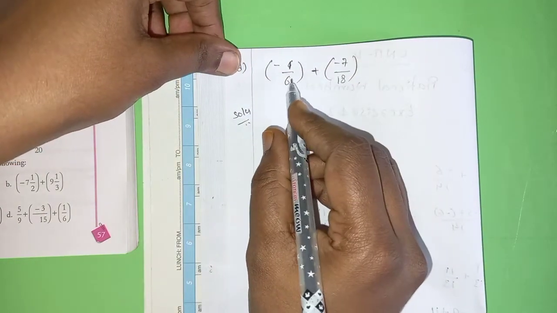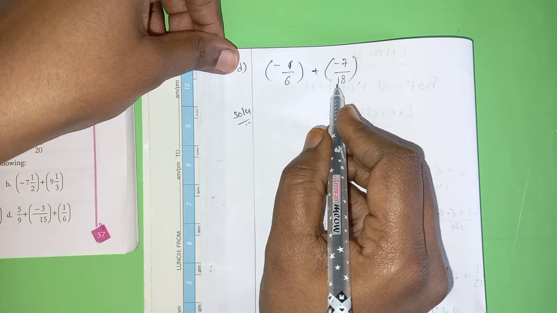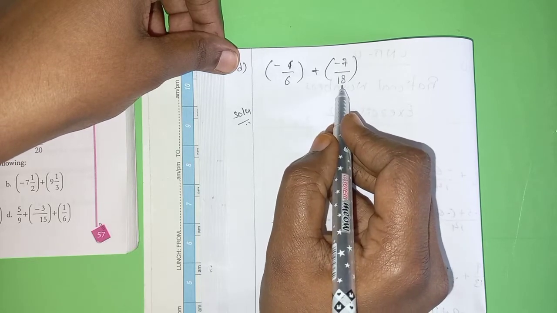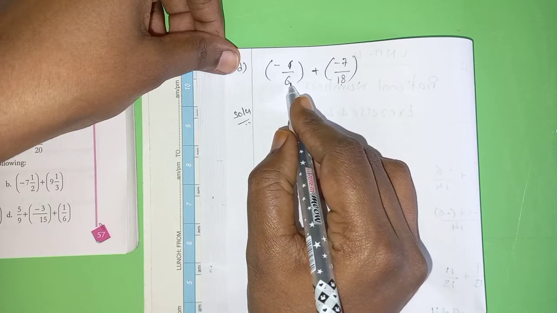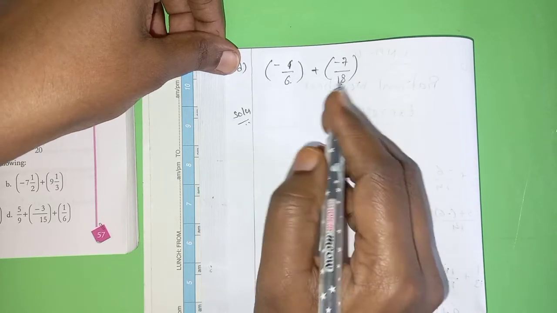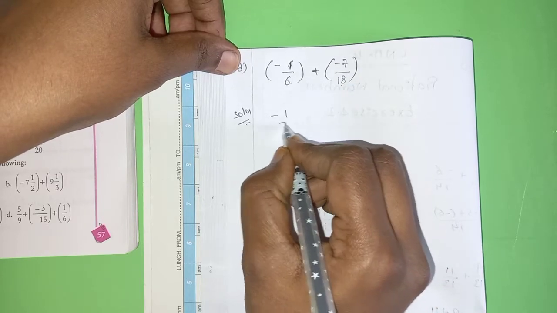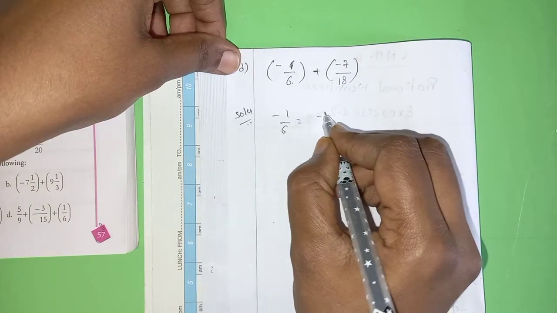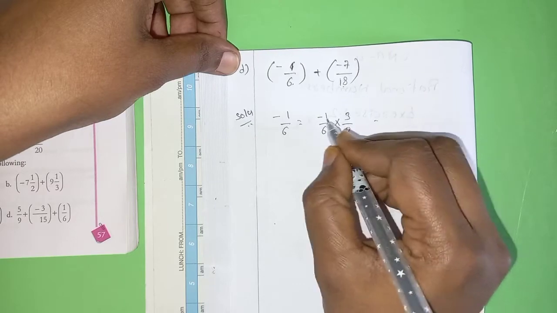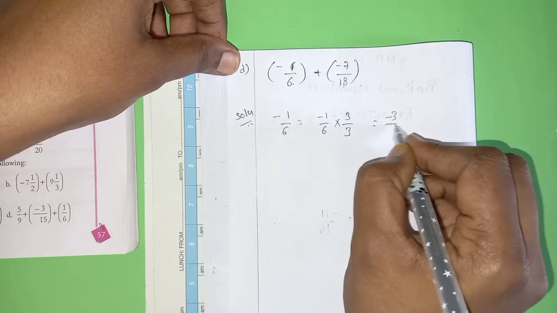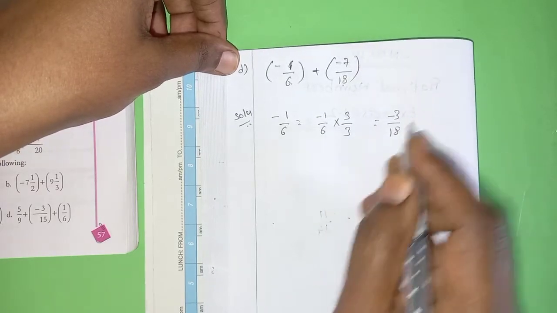First one is minus 1 by 6, and here it is minus 7 by 18. Denominator is 18. So to make the denominator 18, we have to multiply 6 with 3. So minus 1 by 6 is equal to minus 1 by 6 into 3 by 3. 3 ones are 3, minus 3 by 6 threes are 18.